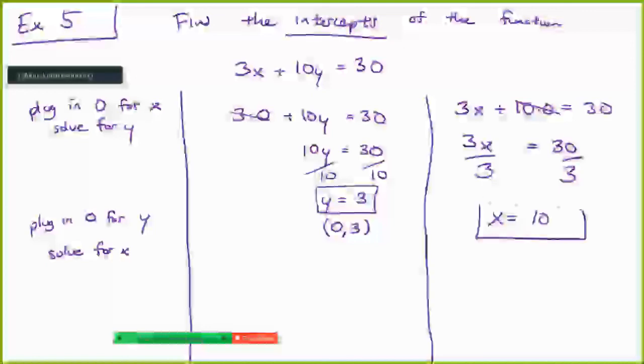So there's our x-intercept. And if we wanted to write it as a point, we plugged in a 0 for y, and we have 10 for x. So we kind of solved it backwards. Usually we plug in for x and solve for y. But we plugged in 0 for y, we solved it, and we got x is 10. So our y-intercept first, and then secondly, we found the x-intercept.